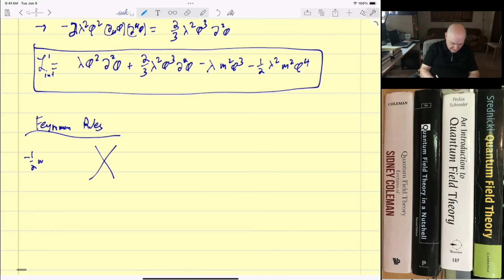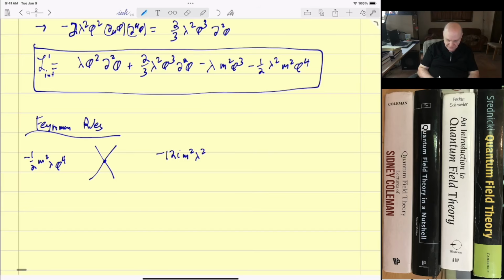Minus 1/2 m squared lambda squared phi to the fourth. Here's the interaction. And we know that we represent this by minus 12 i m squared lambda squared. Basically, whenever we have just a polynomial, we're going to end up getting just the constants in front of it, except that if it's like phi cubed, we'll have 3 factorial.